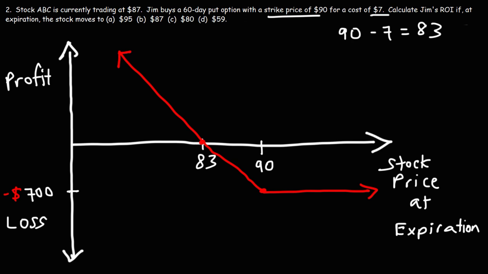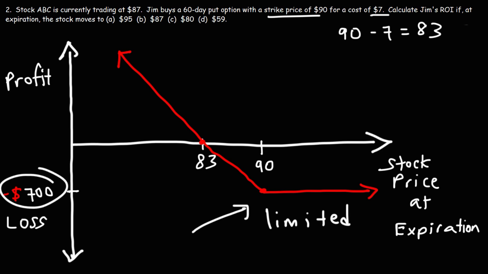So to review, remember, for this strategy, the risk is limited. The most that Jim can lose is $700. He cannot lose more than what he paid for in buying the put options contract. Now, his potential profit can go very, very high.